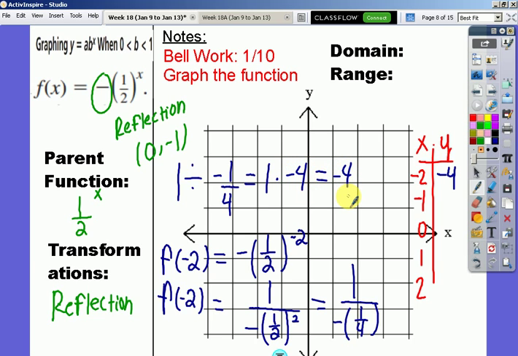Does that make sense? So on the test, the problem that I foresee happening, because it's happened before, is you identifying the parent function, the transformation, and the y-intercept, and then kind of getting confused about how to plug in the x values. All you're doing, don't overcomplicate it, is plugging in -2 for x and so on. You have to remember your rules of exponents correctly though.